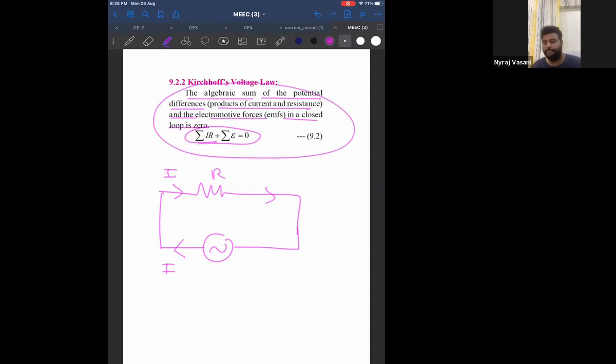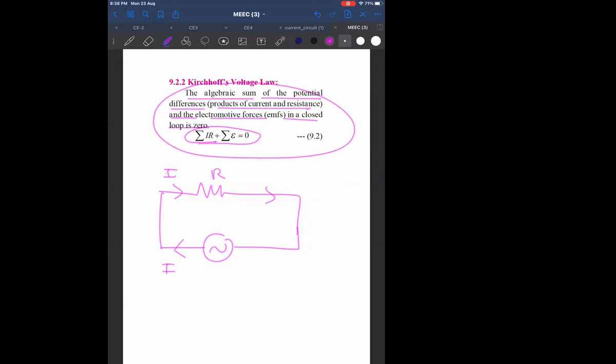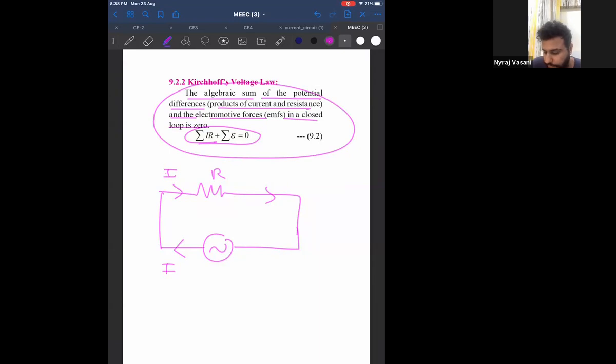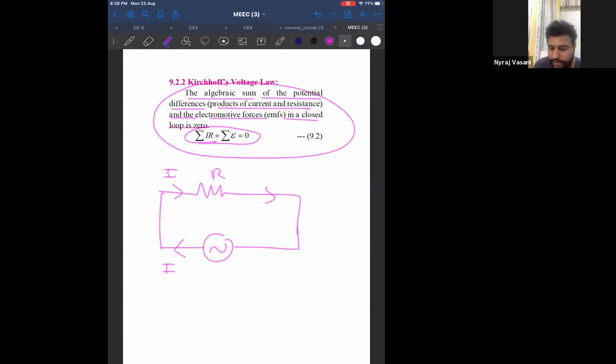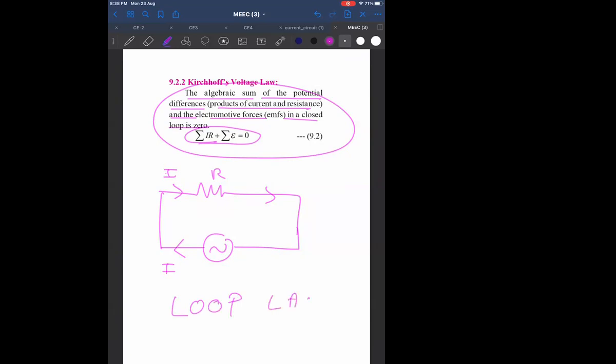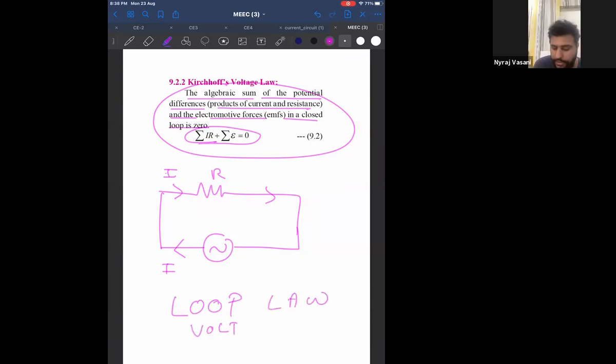Sir, the other name was loop law, right? Loop law, yes. It is also called loop law, voltage law, or second law.